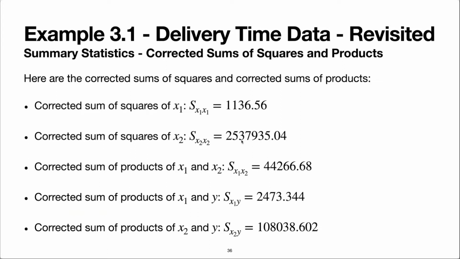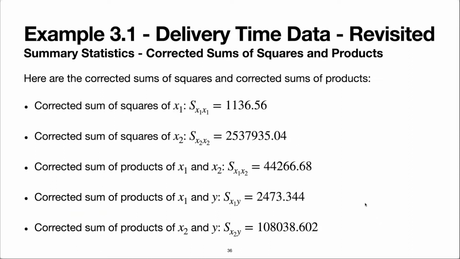All right, so 2,537,935.04. The corrected sum of products of x1 and x2 is given here. The corrected sum of products of the x1 variable with y is given here, 2473.344. And then the corrected sum of products of x2 and y is given here.